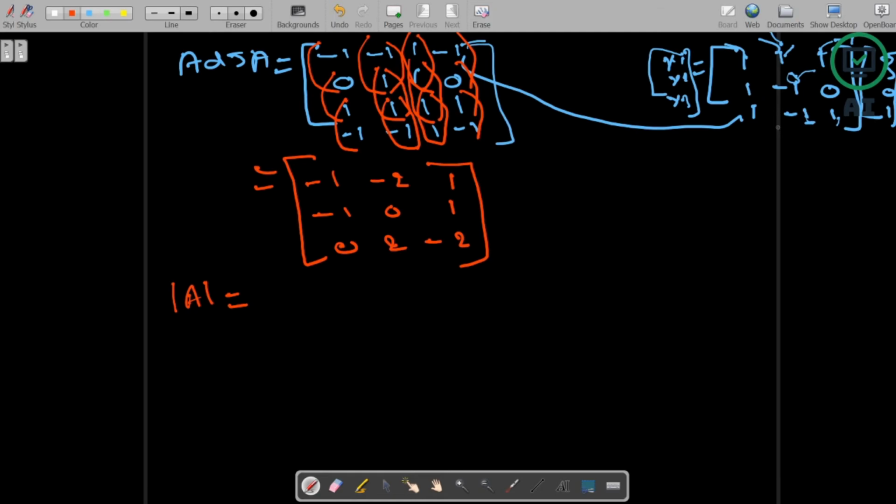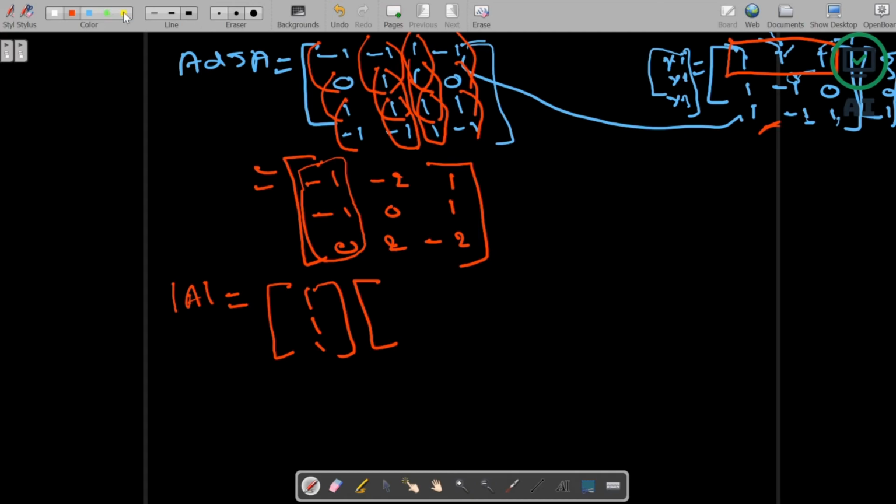A is nothing but this one, this is A. So I have already said that take the first row of A and first column of the adjoint matrix. So what is this? First column of A is 1 1 1, and the adjoint matrix first column is minus 1 minus 1 and 0.